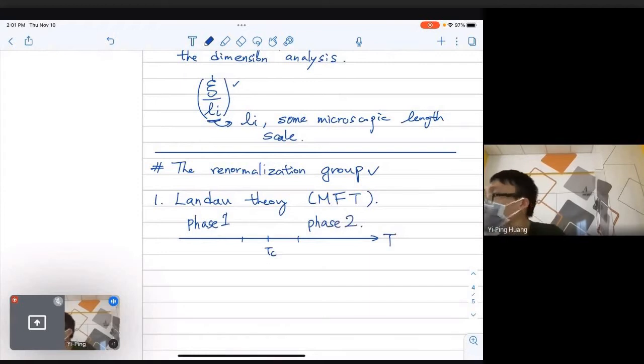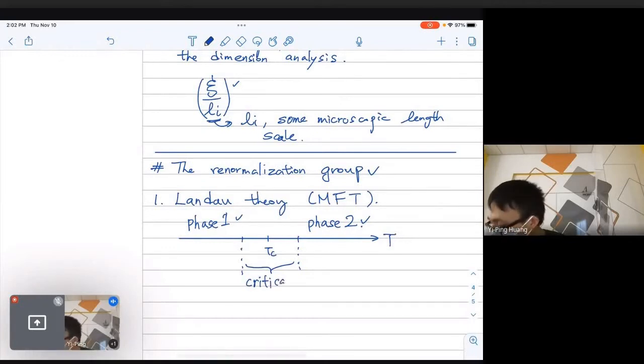Landau theory tells us that we can understand phase 1 and phase 2 according to how the order parameter transforms under the symmetry of the system. The other thing is that Landau theory assumes that fluctuation is small, so we can drop it. But nearby the critical region, that is nearby the TC, the fluctuation is actually large. So Landau theory is not a self-consistent theory.